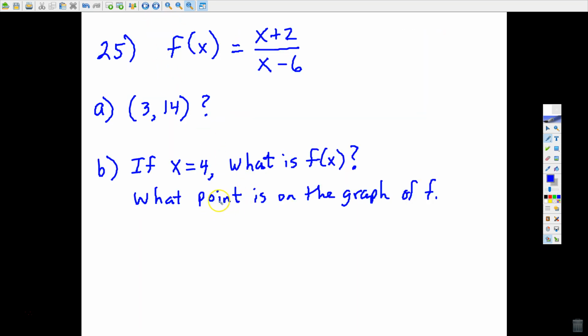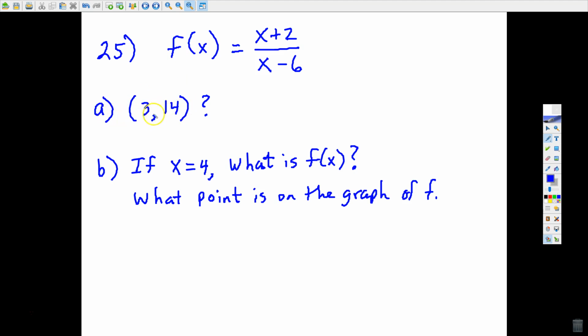Okay, now we're down to another example, problem number 25. I think I've given you number 26. So we're just about to conclude this lesson. On number 25, or number 26, they're going to give you a function, and then they're going to have you answer several parts.